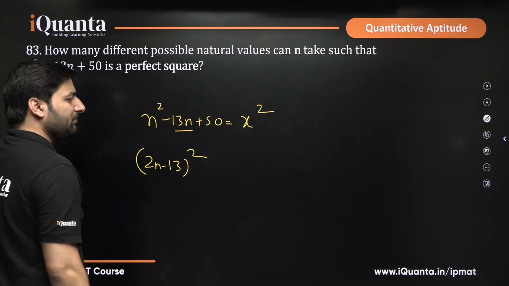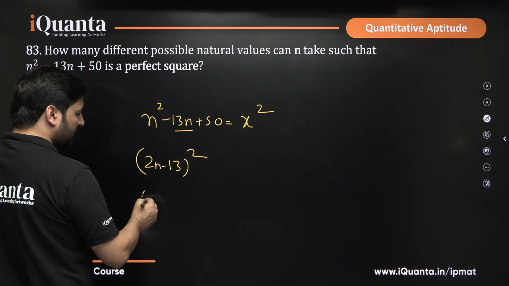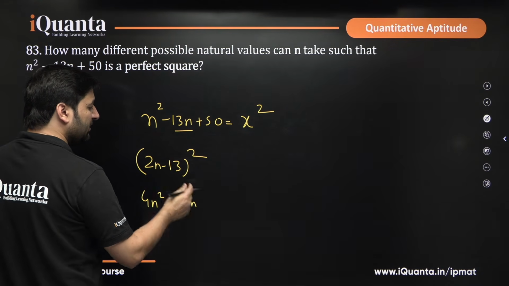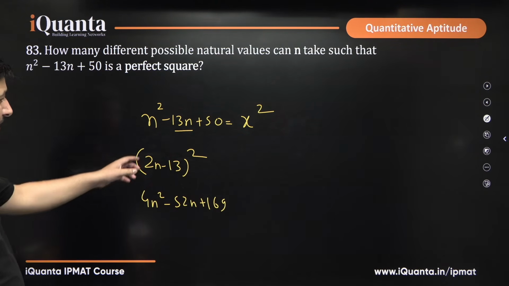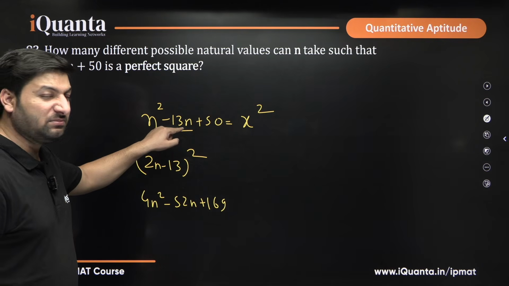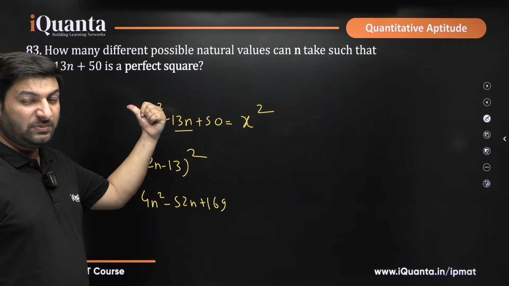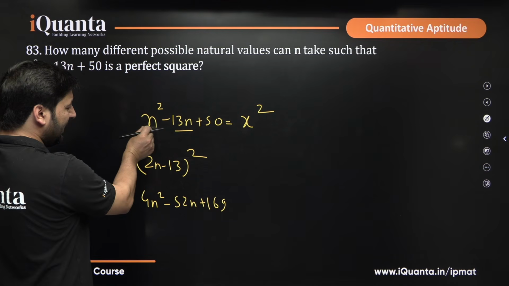Just see. If I do 2n minus 13 whole square, I am going to get a 4n square. Then 2ab, that means I am going to get minus 52n. I am also going to get 169. Yes or no? If I just go ahead with n minus something whole square, I am going to get a fraction in the end, like I did in the previous step, but I do not want a fraction. So, in that case I multiplied a 2 with this n.